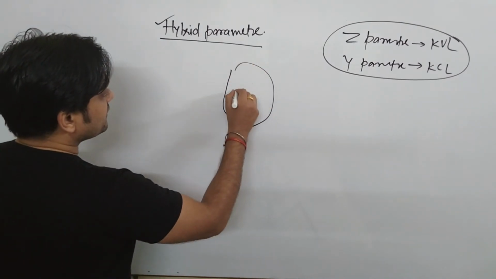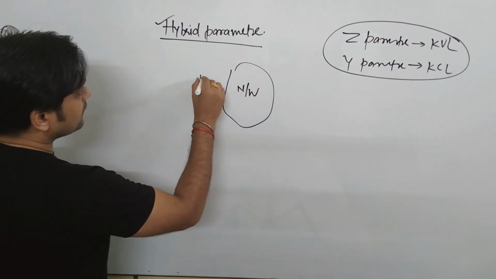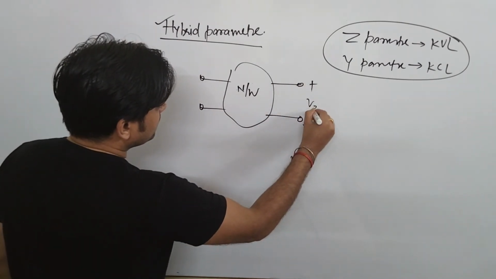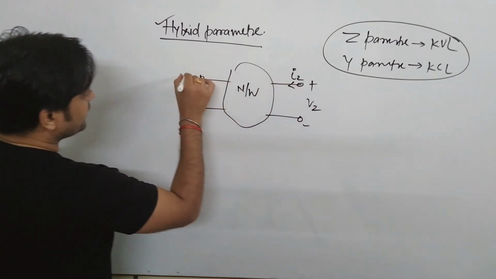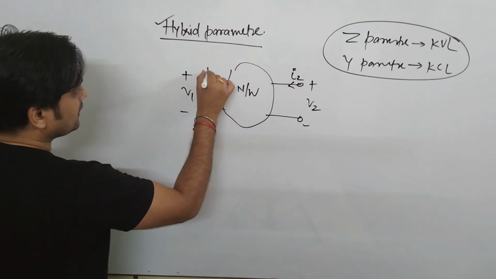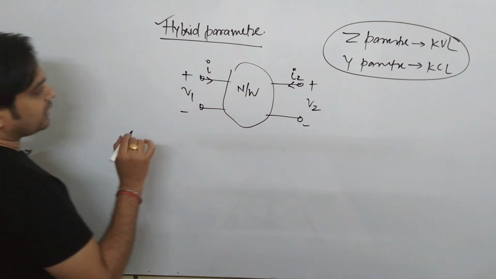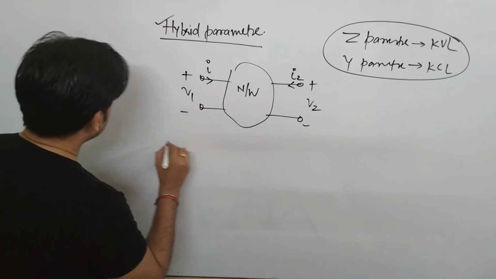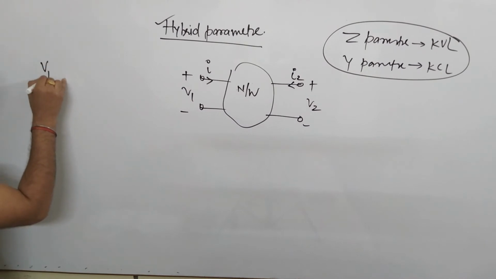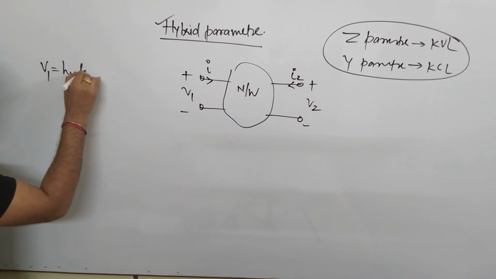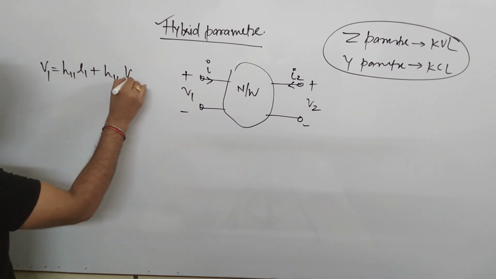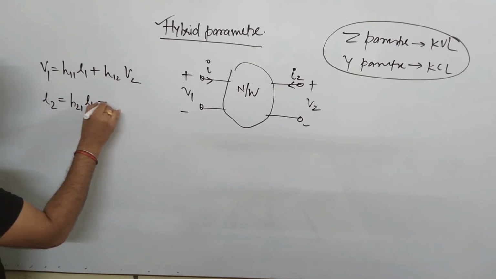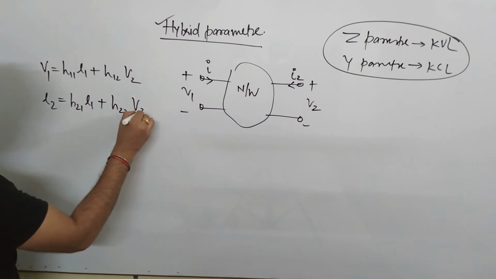As per our general notion, if this is a network, with V2 I2 here and V1 I1 here, then for hybrid parameters, very important, the equations are given in the form of V1 is equal to H11 I1 plus H12 V2, and I2 is equal to H21 I1 plus H22 V2.